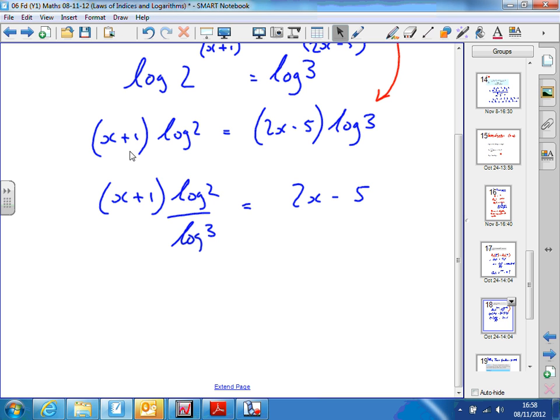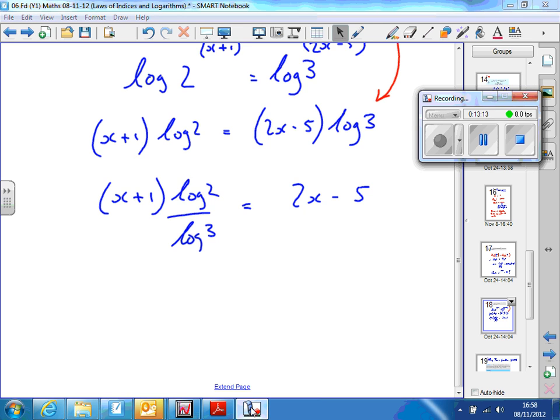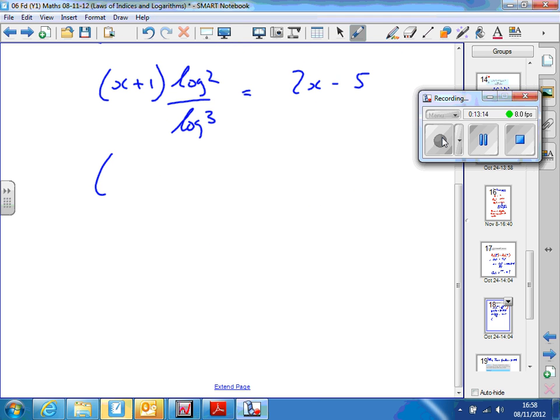Now you can work out what log 2 over log 3 is on the calculator. Could call it maybe 0.631, but remember it's a power of 10, so a small change in this power will make quite a big difference to the number. Equals 2x minus 5.